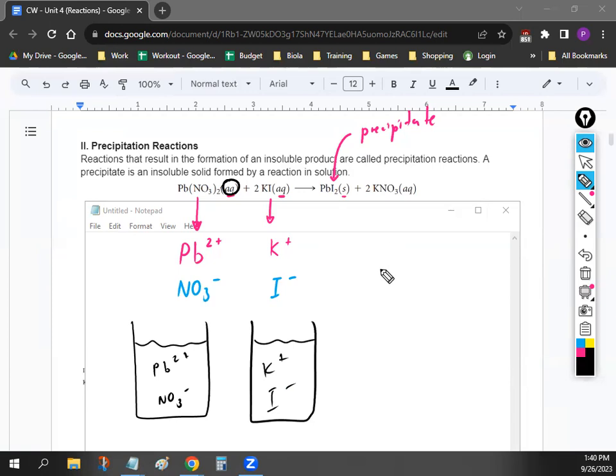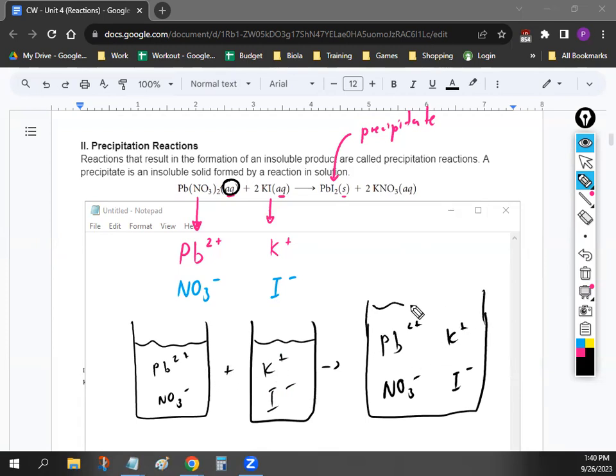But if you mix them together, first they're going to be dissociated, but these ions from the separate solutions are going to start coming into contact with each other. Does that make sense?